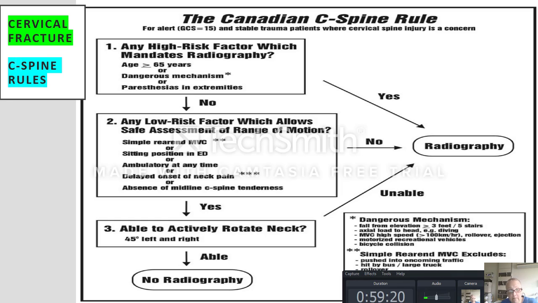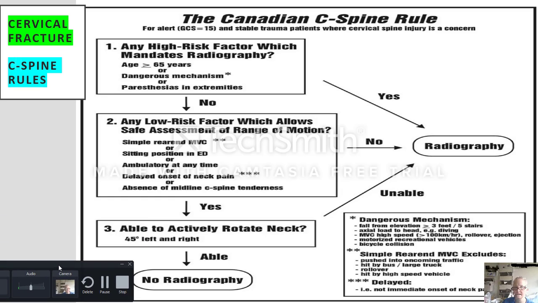No, I was not walking. I do have midline C-spine tenderness. Then straight to radiography you go. That's just how it is. So, if you say yes to those, then you go down to 3.